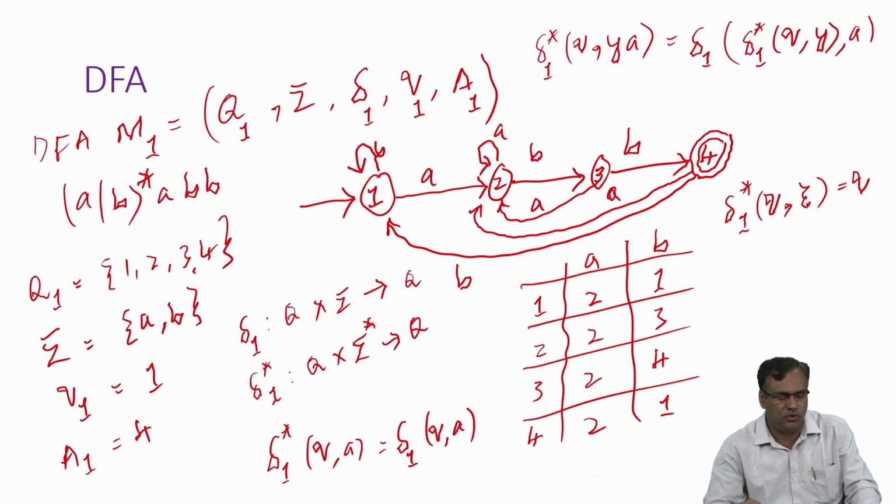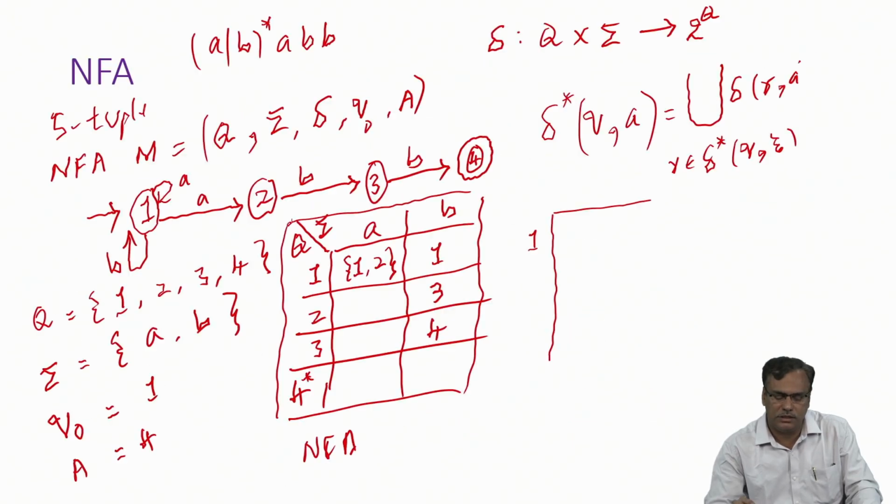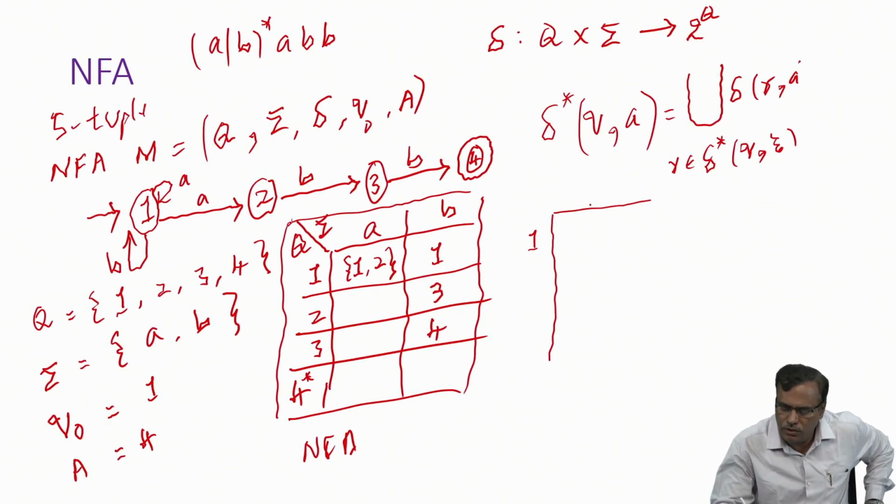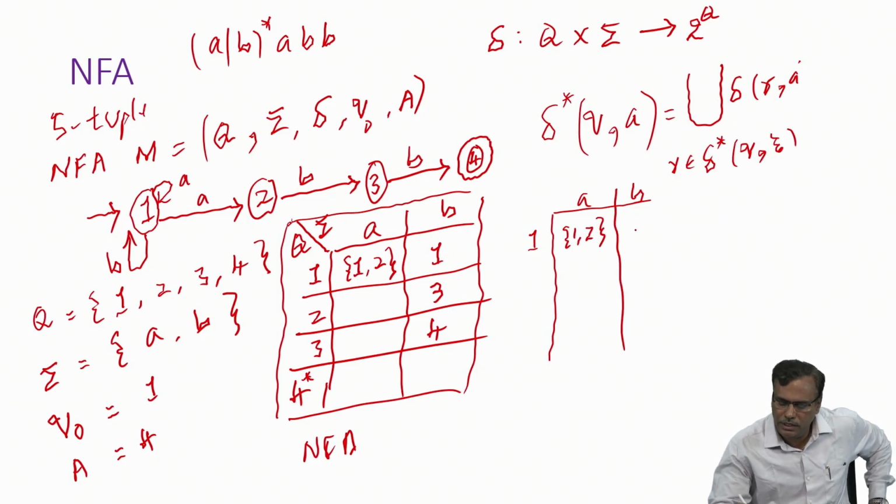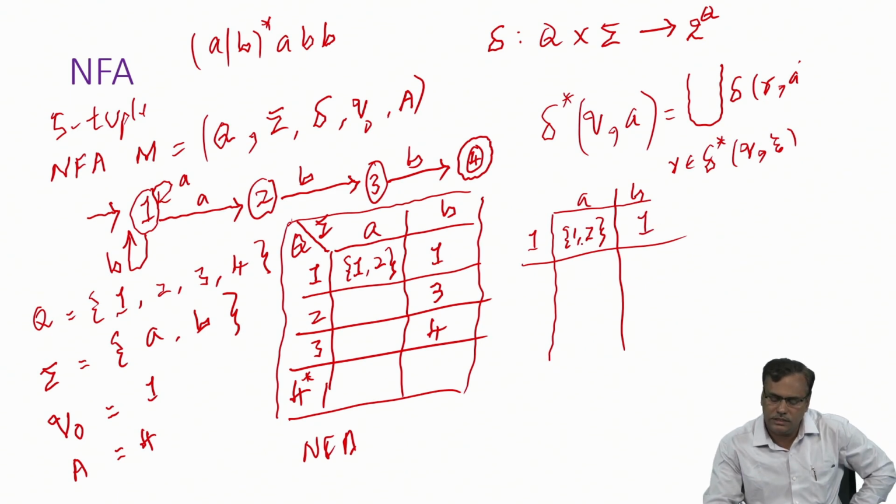That is the reason at two places I have used the same notation, but you can find differences in terms of other terms. So now you know the input symbols are A, B. So 1 on A, you have 1, 2, from the table itself or from the diagram. 1 on B, that is 1, right? And this 1, 2 is a new state.